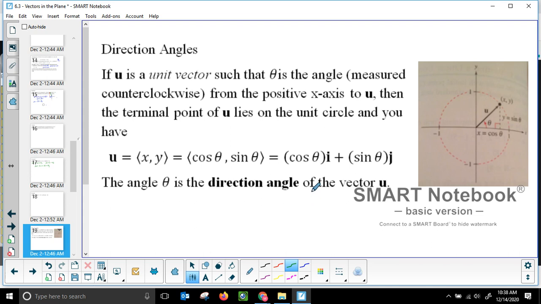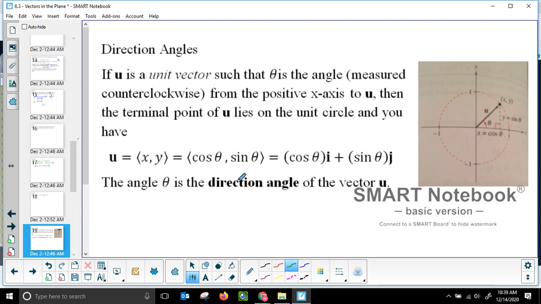And you have u is equal to the component x comma y, which we know on the unit circle is equal to cosine theta comma sine theta, since the x coordinate was cosine and the y coordinate was sine. All right, so this is in component form. Of course, this is as a linear combination, essentially the same thing. All right, the angle theta is the direction angle of the vector u.